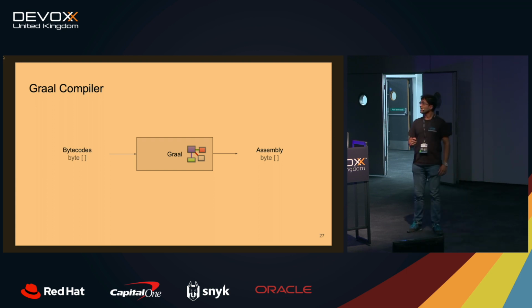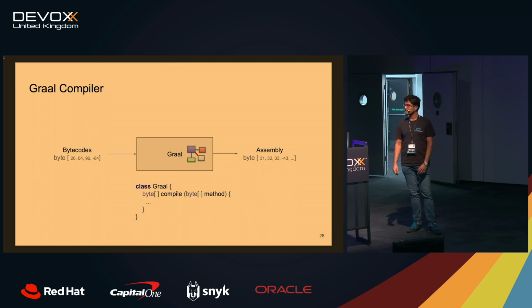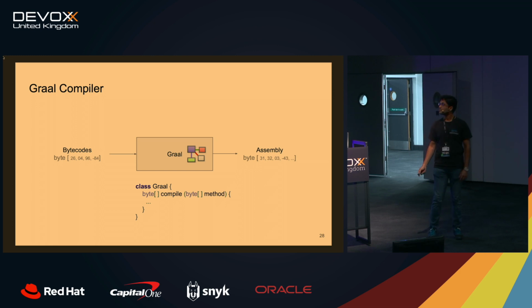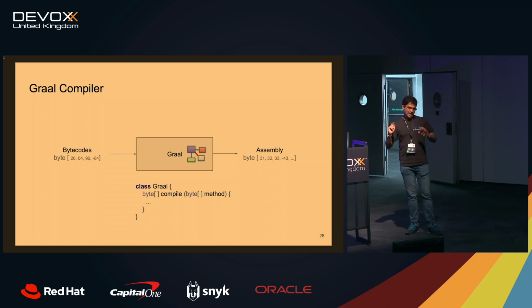So what we expect is something like this: some class called Graal, with a method compile. It should take bytecodes as input, so a byte array, a sequence of bytecodes, and should return the assembly sequence. That is also a bunch of ones and zeros, all the bytes. We will try to find whether we see all these things in Graal's code base.